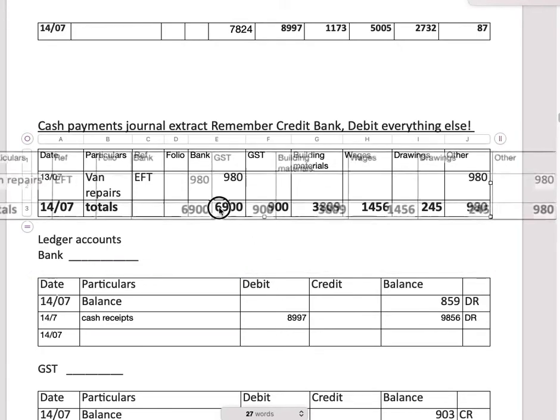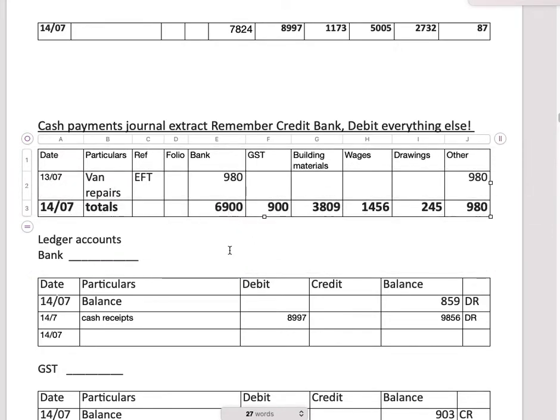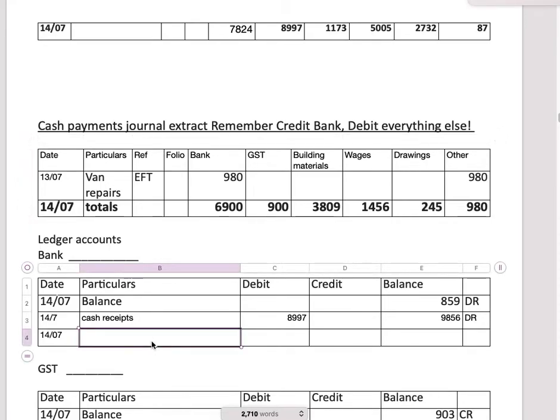And we've got this number here, $6,900. So we've got into right in here. We're going to say where the money came from, and that came from our cash payments. We're going to tab across to our credit column and we're going to put in $6,900. We're taking that away from the bank account.